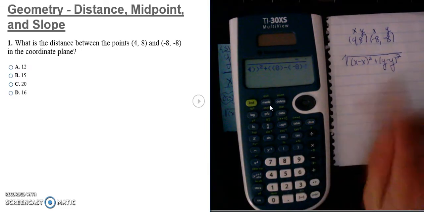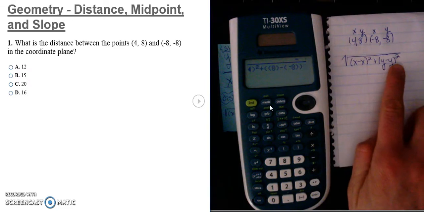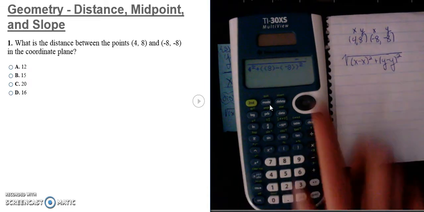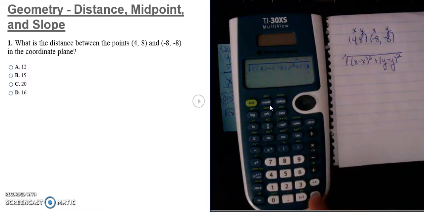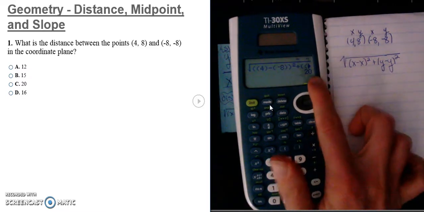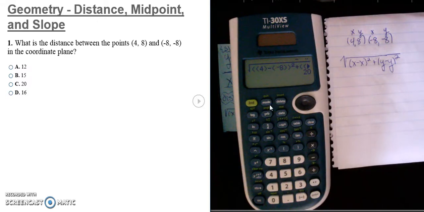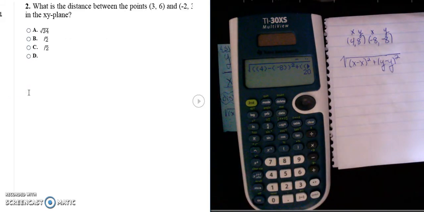Then I have my end parenthesis. Don't forget that last end parenthesis or you're going to get the wrong answer. Then press squared, arrow to the end and press enter, and my answer is 20, which is choice C. So that's how you can use the distance formula on your calculator.